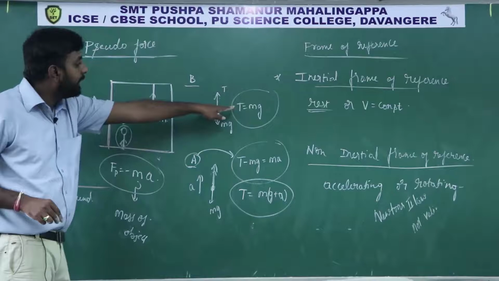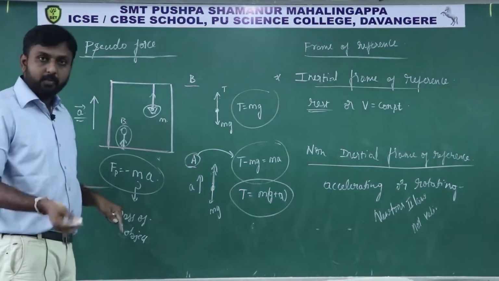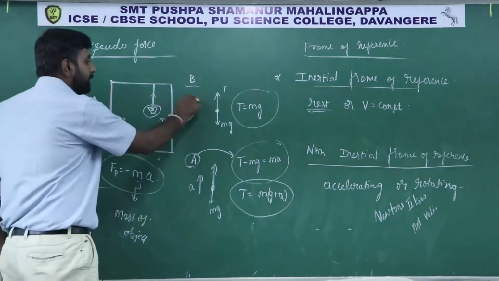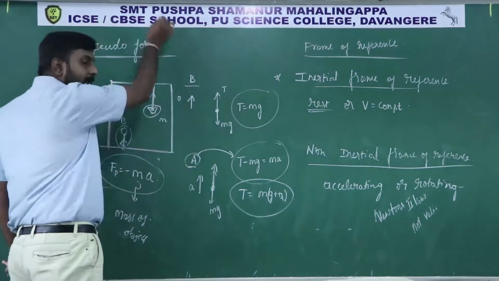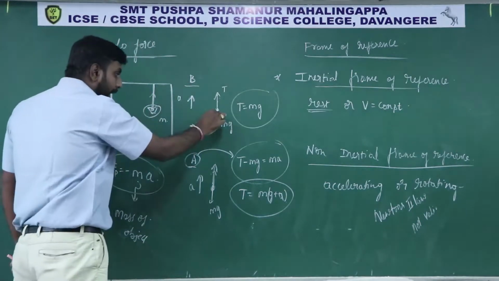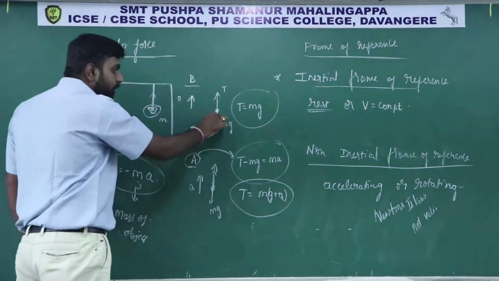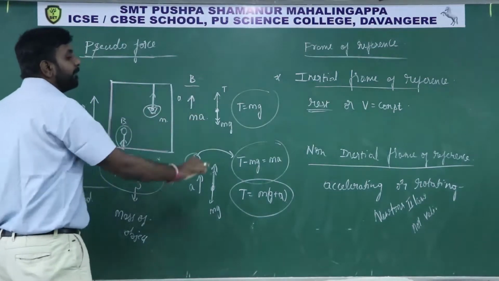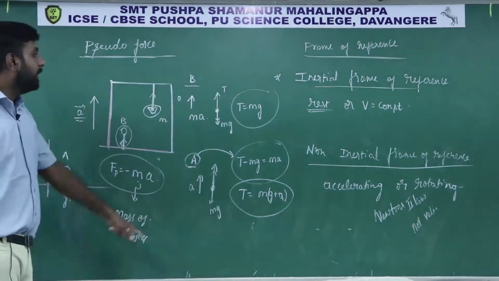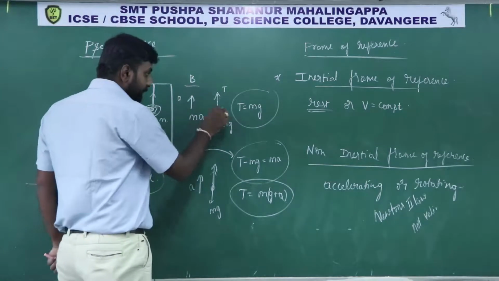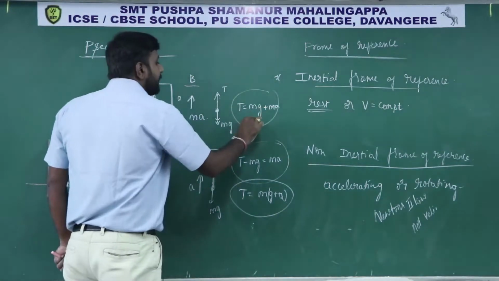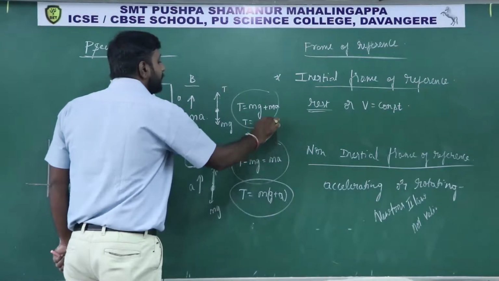Then here, how can I apply the pseudo force? T equals mg, right? The system is accelerating in the upward direction, so I have to introduce the pseudo force in the downward direction. How much? m into a. Now the expression becomes T equals mg plus ma. Then I can write T is equal to m of g plus a.